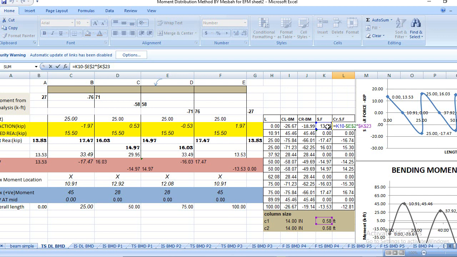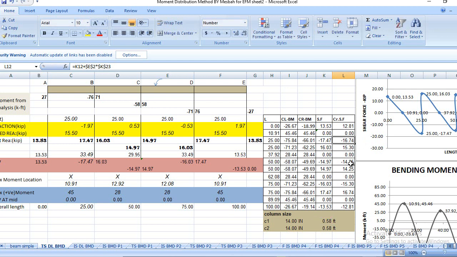You just need this shear minus the load times the distance. So here we have this one also. As the shear is already negative, if you add a plus sign here, this one will become negative. Clear? So shear minus UDL loading.